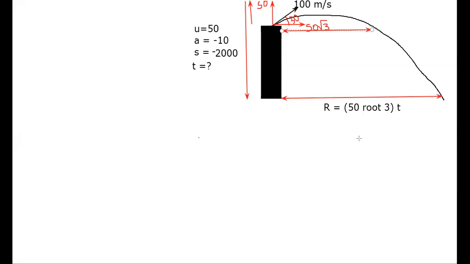So that will be t square, so that will be 10t square plus 50t. So time we get as 10 seconds. Do we get time as 10 seconds?